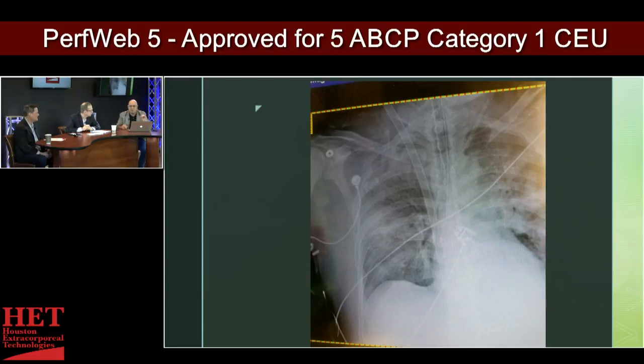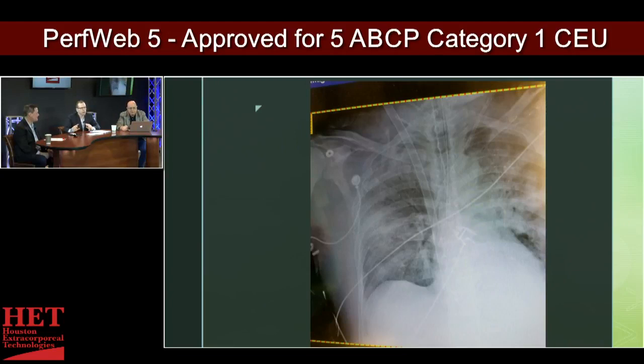Because that cannula is so placement dependent in order for it to work properly. Sure. If you're right at the IVC atrial junction and not at least a couple of centimeters into the IVC, it's really not going to be an effective cannula.